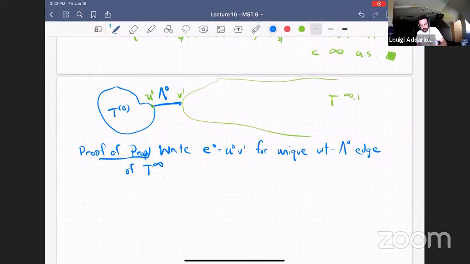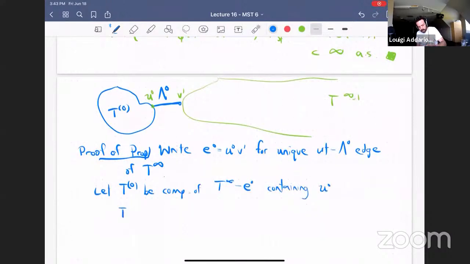So I let T naught be the component of T infinity minus this edge E naught containing U naught, and T infinity 1 be the component, after removing this edge, which contains V1.